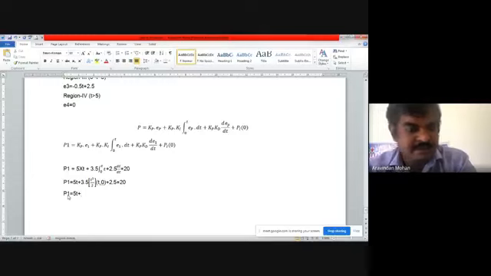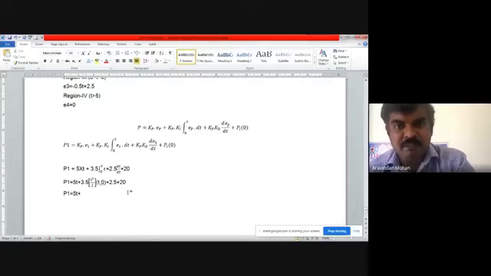So this particular thing will be the same, plus 2.5 plus 20. The same equation will be repeated.